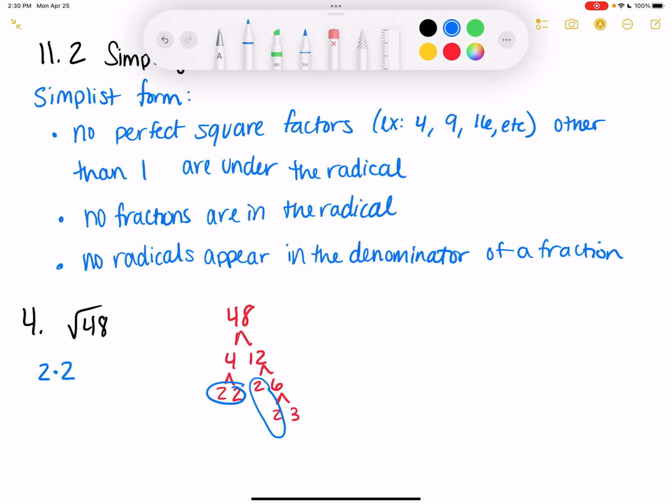He has no friends, so we leave him inside. You think it's funny, but it'll help you remember. If he doesn't have his identical twin, you can't take him out. He has to stay inside. So the answer would be 4 radical 3.